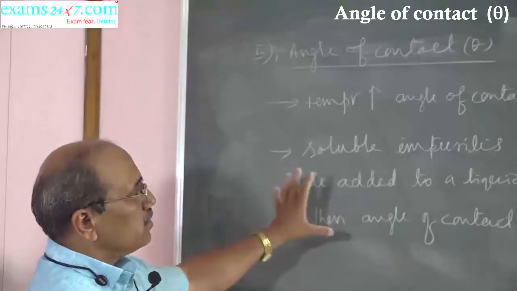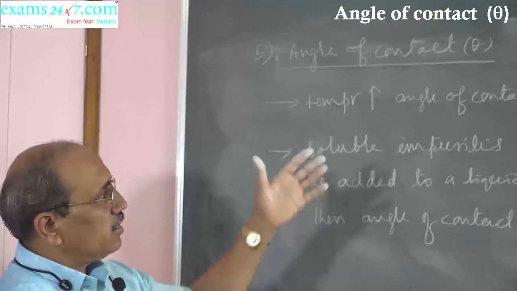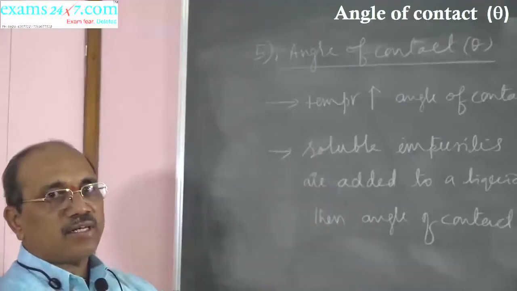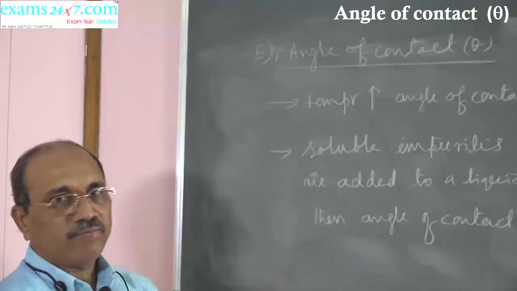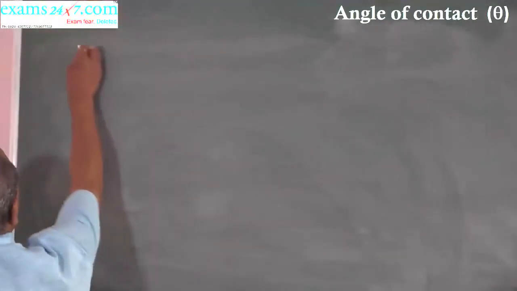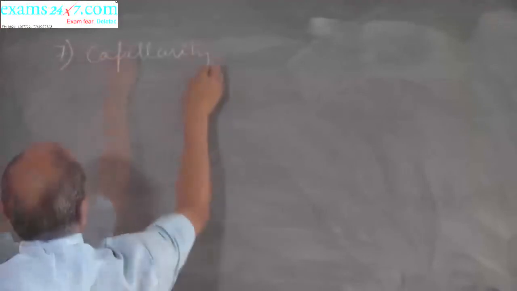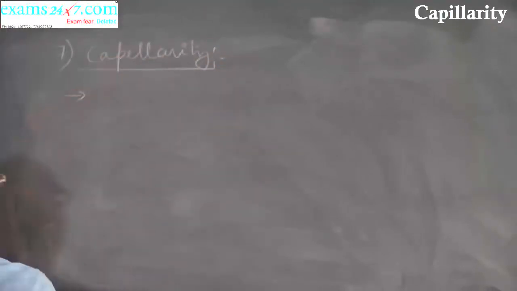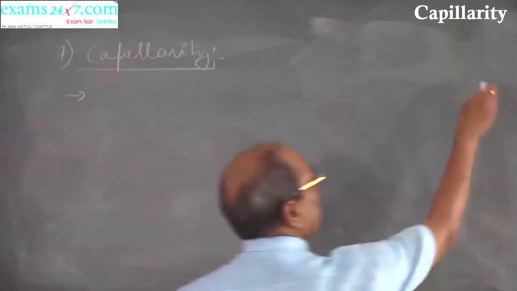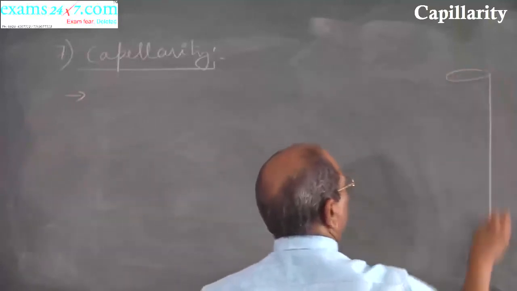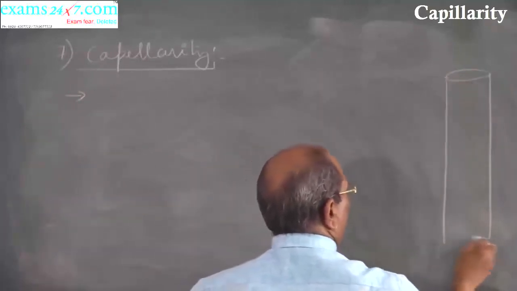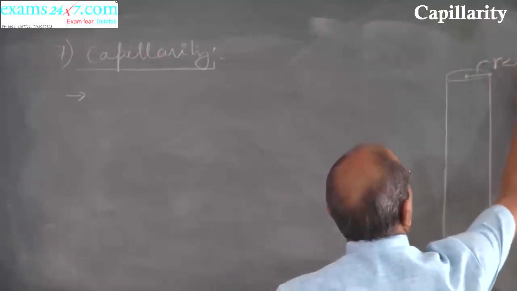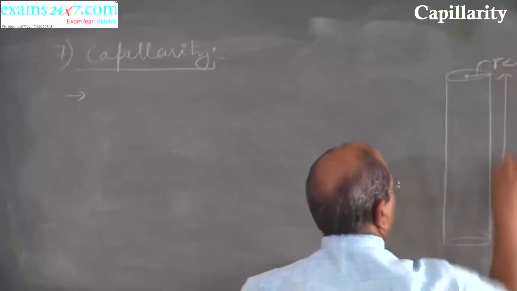There are two cases, and along with capillarity, I consider a comparative statement for angle of contact, capillary rise and meniscus nature. Coming to capillarity: a capillary means a long tube having a radius very negligible compared to its length.